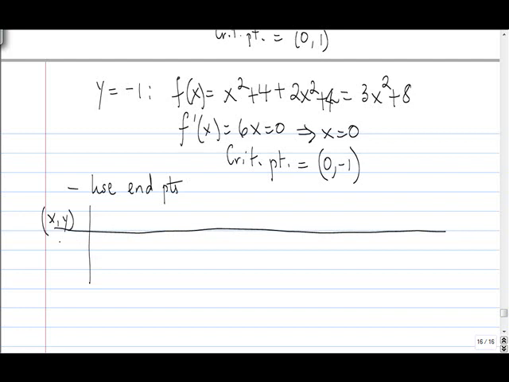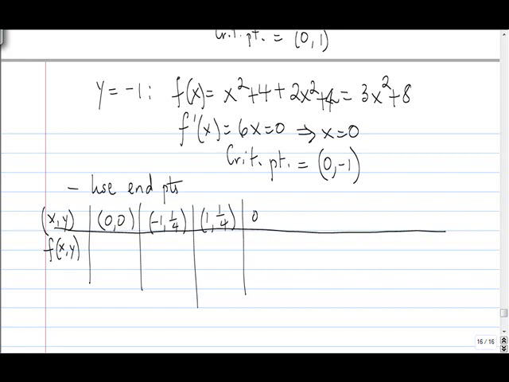x, y. Okay, what is the first point we got? 0, 0. Then we got something with a quarter, right? Minus 1, 1/4. 1, 1/4.